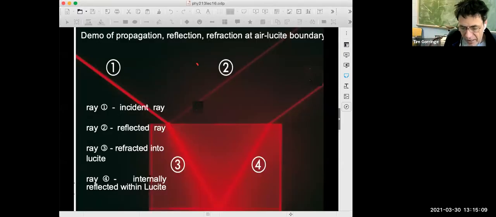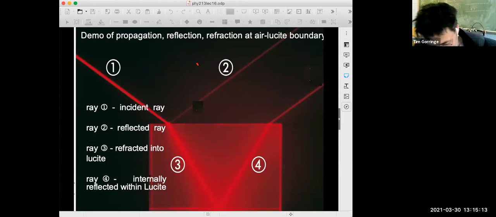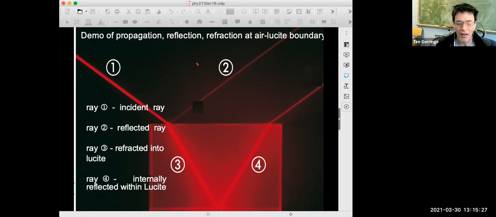Okay, I wanted to make this demonstration of shining laser light onto a glass block and videoing the reflected and the refracted rays. But I'm afraid I completely failed with this demonstration. I don't understand it.